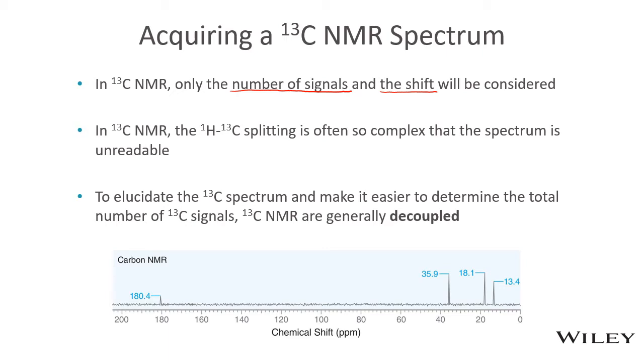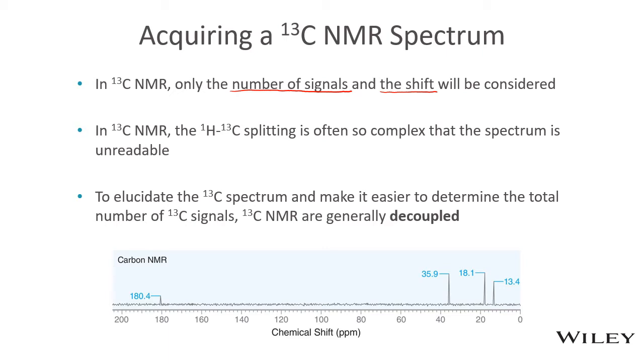And decoupled means we take away the magnetic effect of the neighboring hydrogens and focus solely on the electronic environments of the carbon atoms. So down here we have an example of a carbon NMR. You'll notice that we have varying chemical shifts from about 0 to 200 ppm. The peaks are shown as spikes. They are not split, and you'll always see just solid spikes.